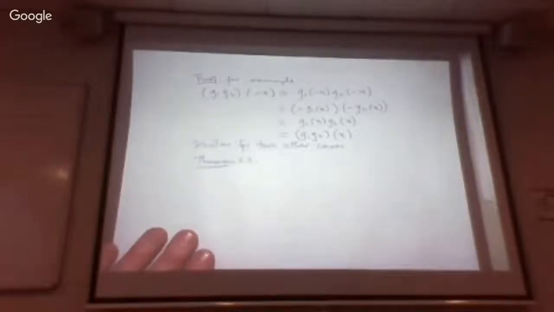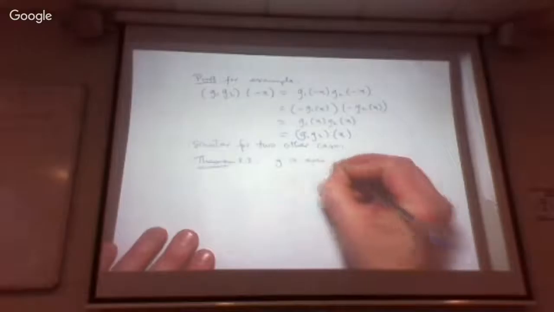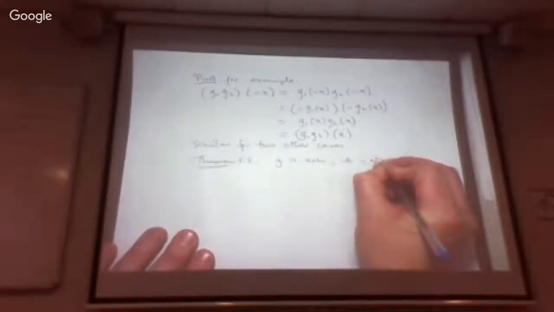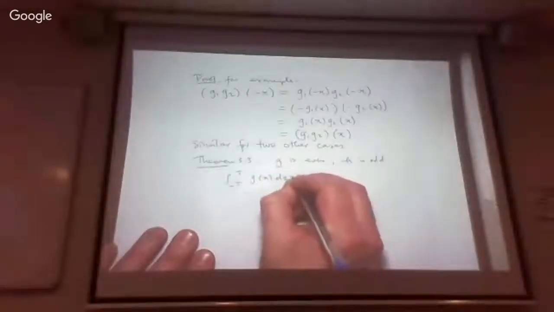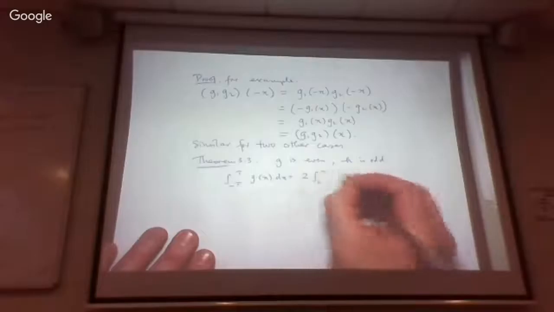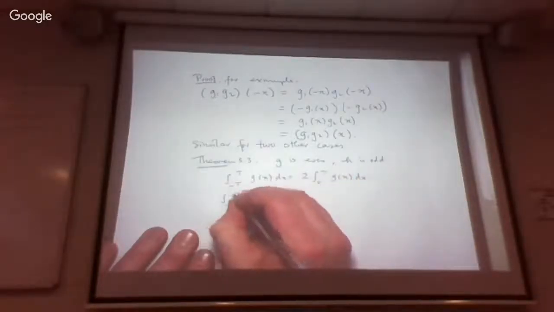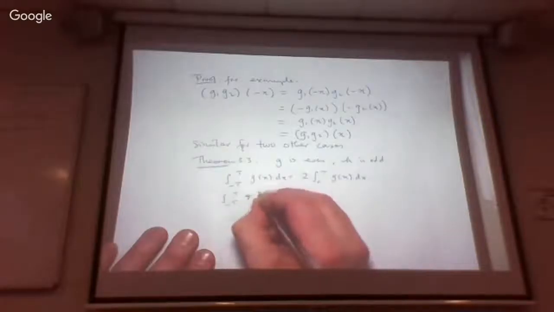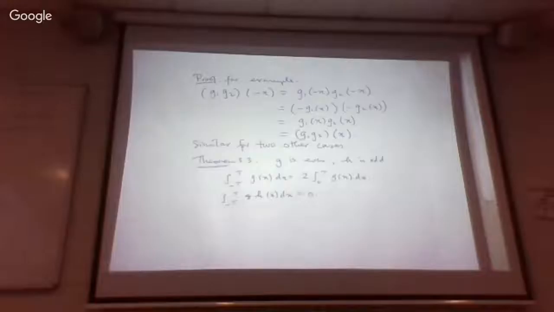G is even, H is odd. The integral from minus t to t of g of x dx is going to be twice the integral from 0 to t of g of x dx. And the integral of the odd function is going to be 0.